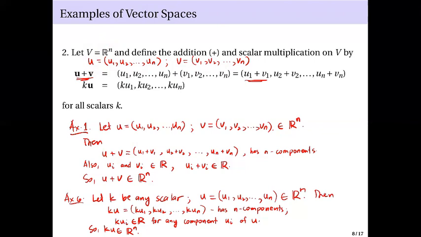Those are the two conditions for the object. And then we identified the two operations. Addition is component-wise. Scalar multiplication, you just multiply each component with a scalar.